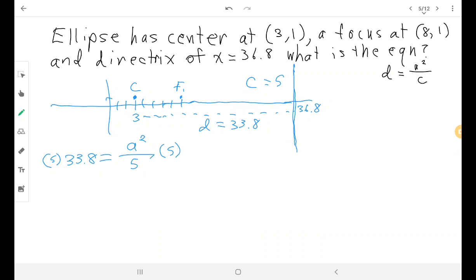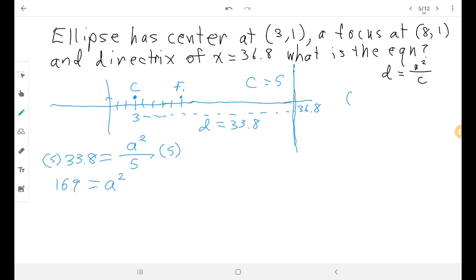And do a calculation. I'll just use my calculator again to do 33.8 times 5, and that gives me 169, which is pretty convenient, equals A squared. And actually what I need is A squared, right?